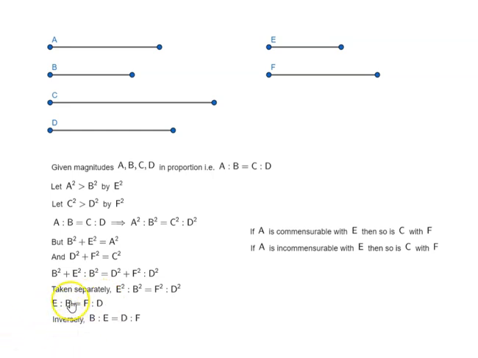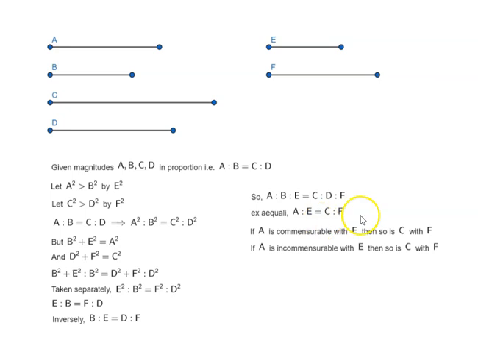So inversely, B is to E as D is to F. Now here A is to B and B is to E, C is to D, D is to F. So that means we can combine them and write it as A is to B is to E is equal to C is to D is to F. And ex aequali we can write it as A is to E as C is to F.